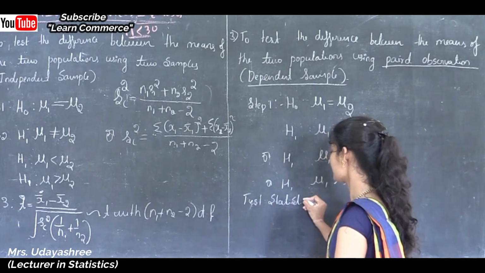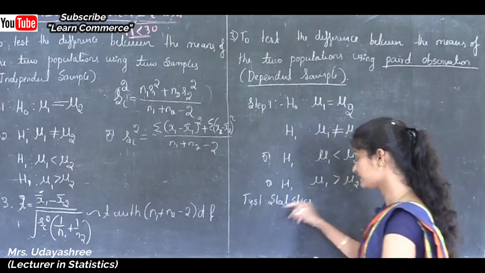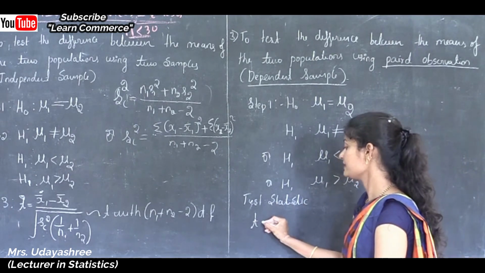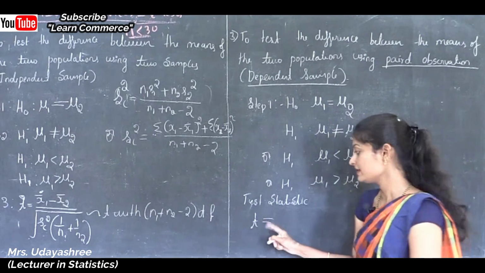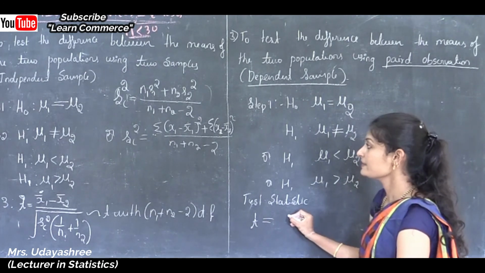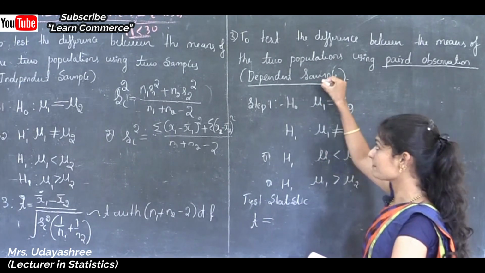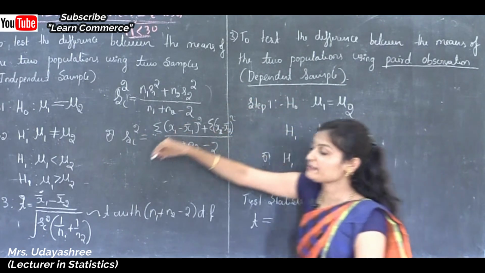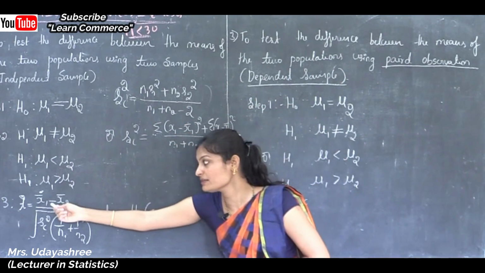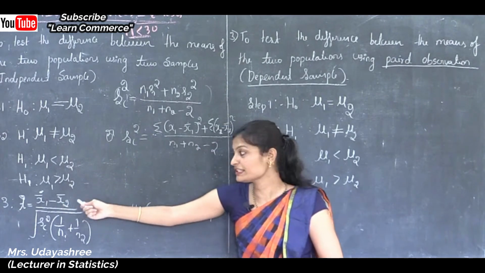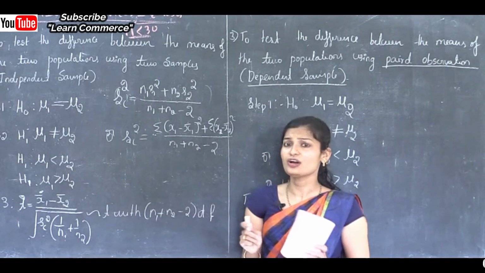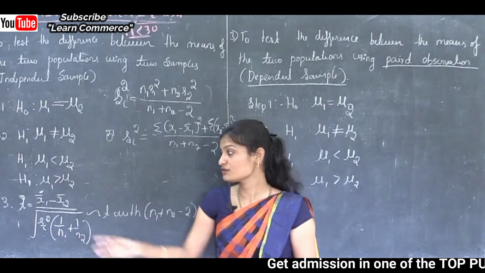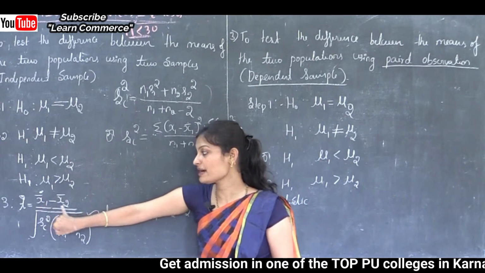The test statistic is T, because it is a T test. In the independent sample, we wrote x bar 1 minus x bar 2, because here the sample sizes are different.